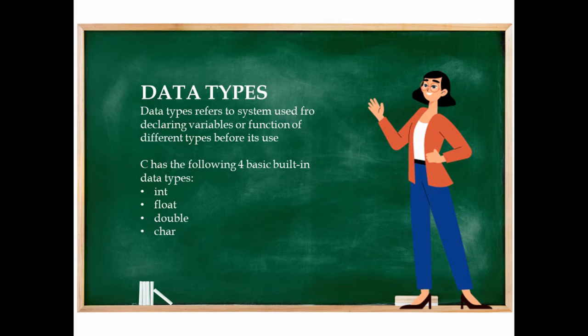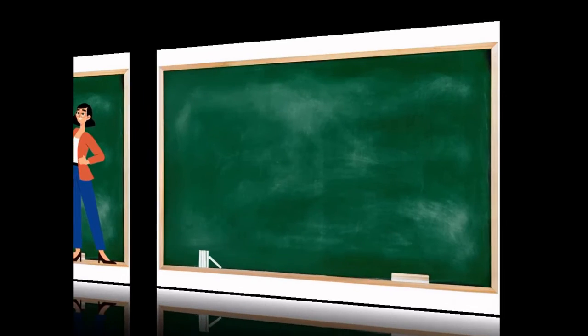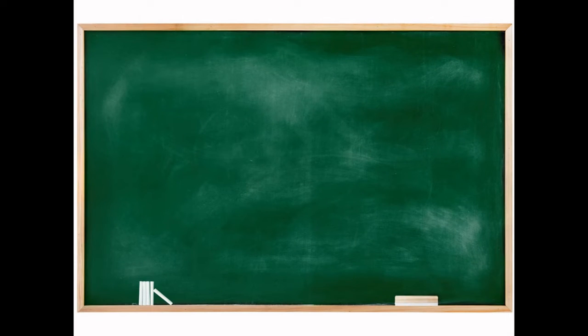Each data type has its own properties, specifications and storage. When we consider the data types to be used in a C program, we have to keep certain limitations in mind. We will have an in-depth study of the data types.